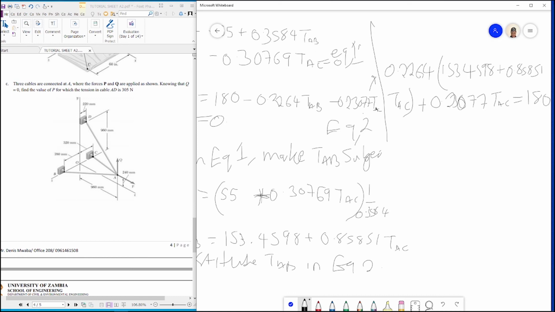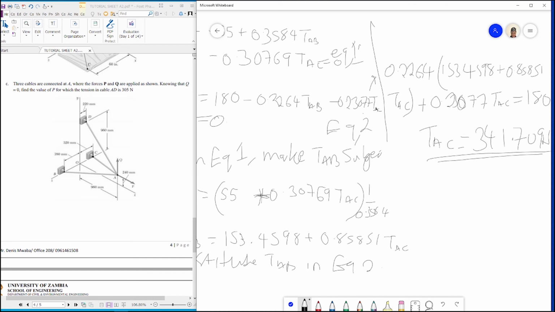That's the equation we need to solve for TAC. And if you solve for TAC, you should get 341.709 newtons.